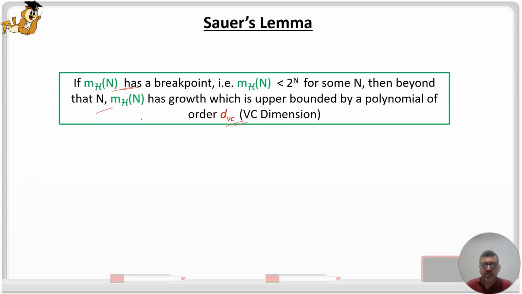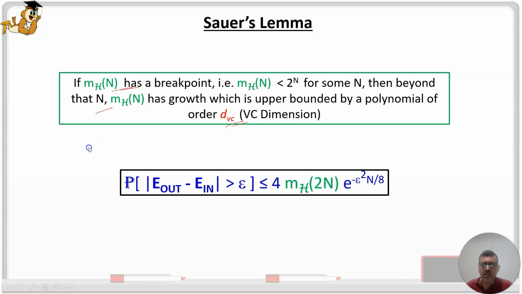So why was this result so important? What was the importance of this result? This result was important because in the course of establishing the generalization bound, we ended up at an equation that looked like this. And we said that if this function has polynomial growth, then it could get killed by this negative exponent as n goes higher and higher.